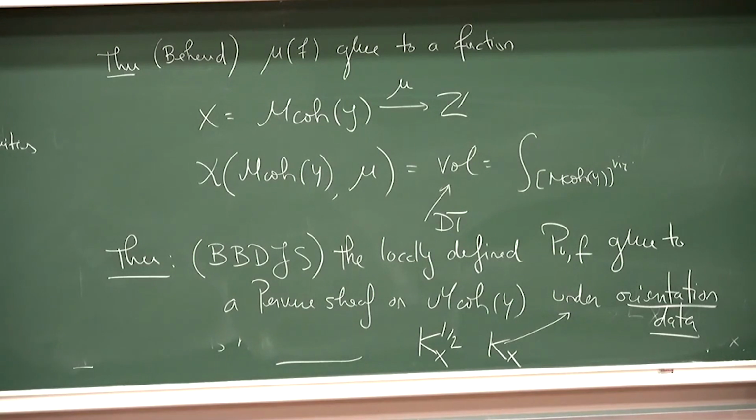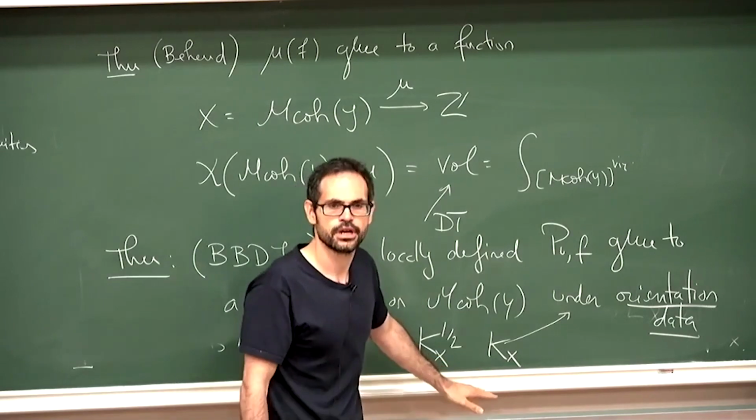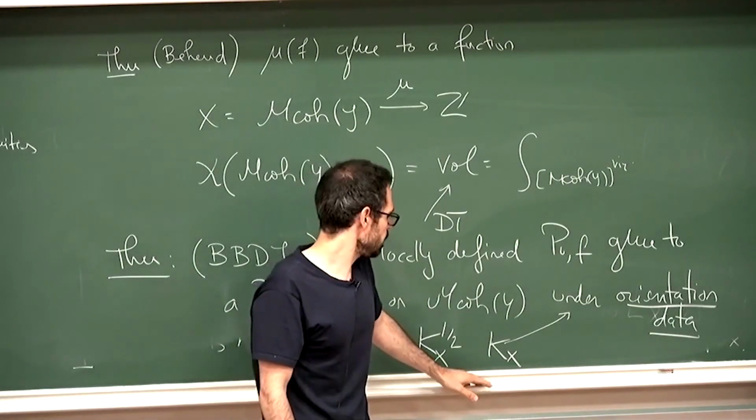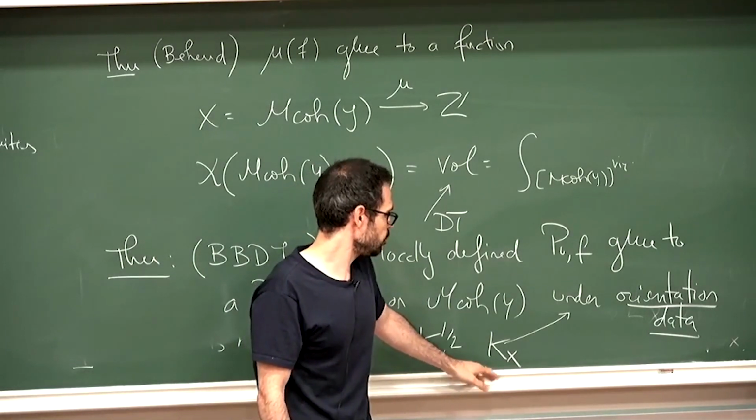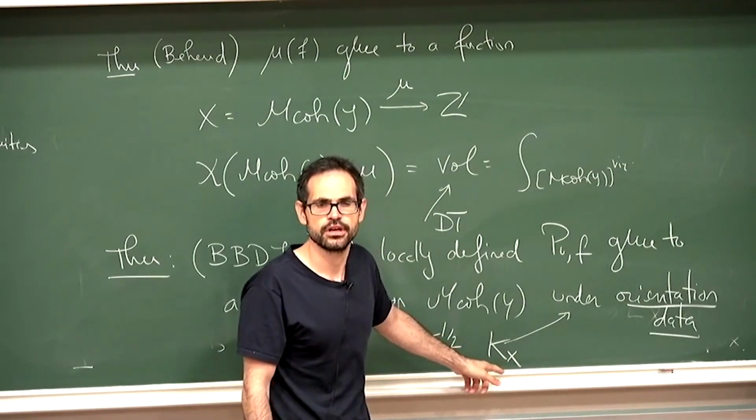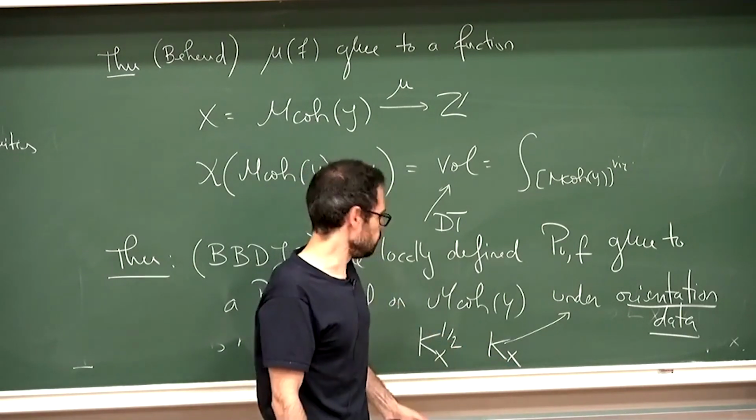Doesn't Joyce have a theorem that says that K_Y has a square root, and so does K_X? If Y itself has a square root... but the canonical bundle of Y is trivial. Yeah, so it has a square root, but no, it's not enough.